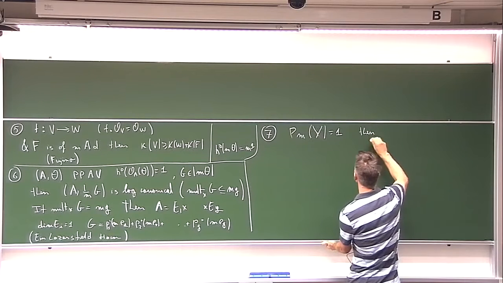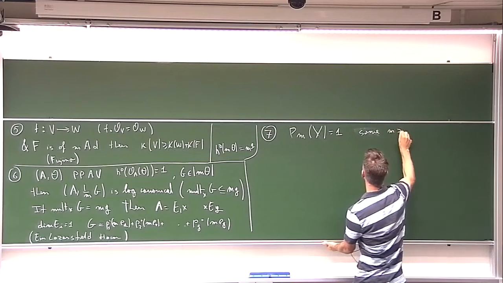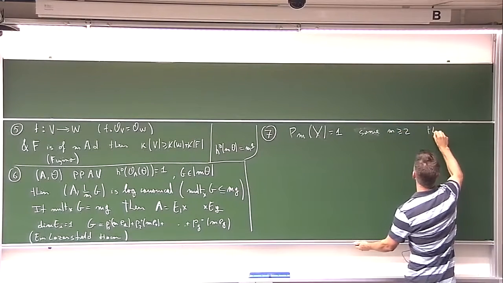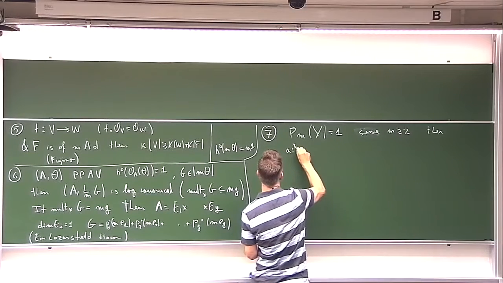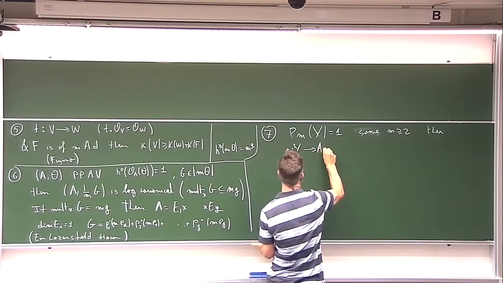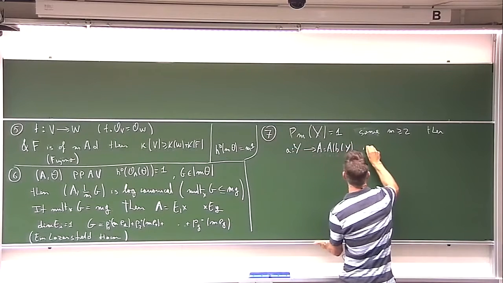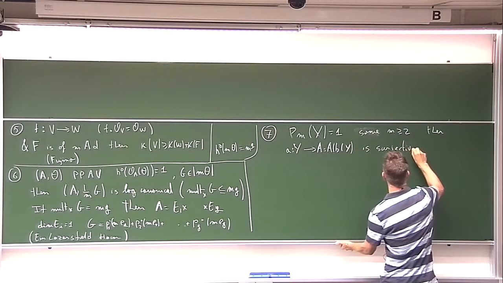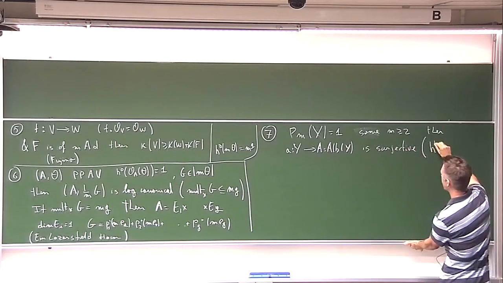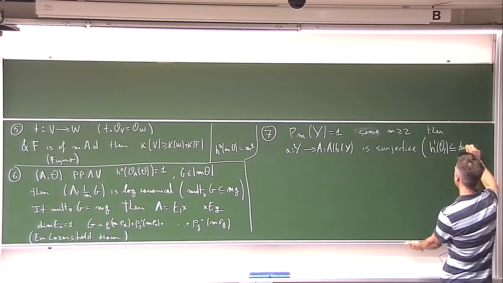Then, for any m greater or equal to 2, the Albanese map of Y is surjective. So this in particular implies that the dimension of A, which is h1 of O_Y, is less or equal to the dimension of Y.